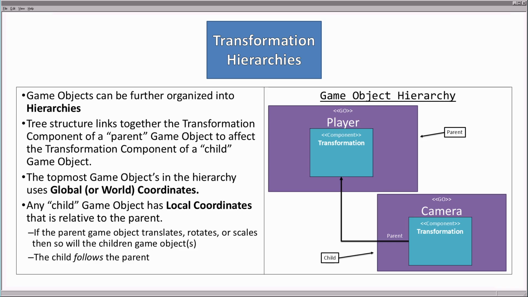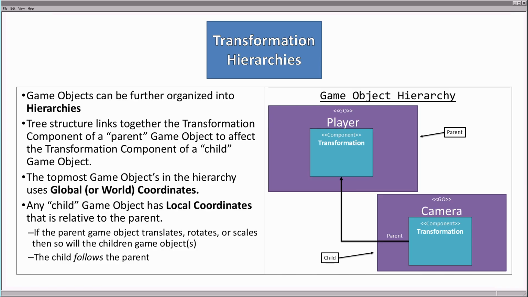With this in mind, game objects can be further organized into hierarchies. This tree structure generally links together the transformation component of a parent game object to affect the transformation component of a child game object. This is like any other tree structure in computing where it contains no cycles or loops.